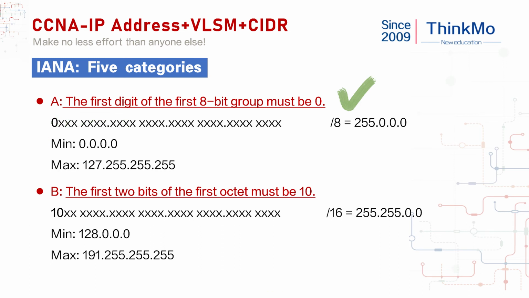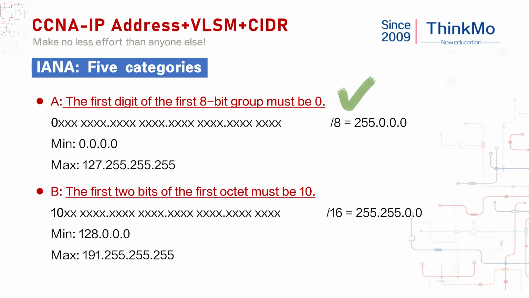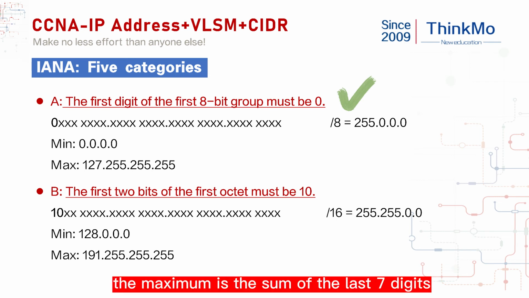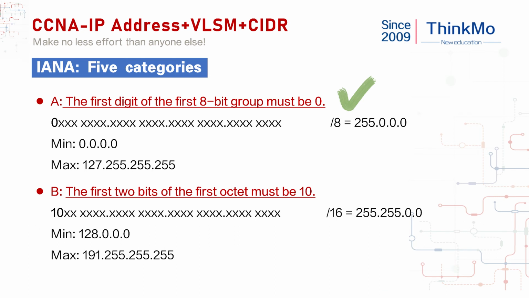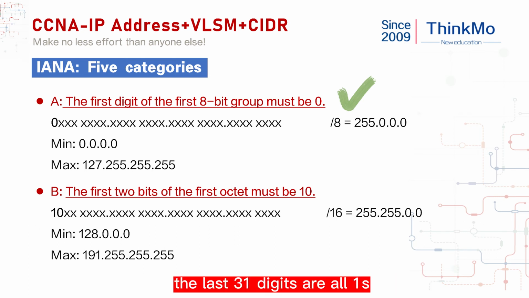Okay. The maximum is from 127. Everybody can count. Since all values are now 1, it is 255. That first one represents 128. In fact, the maximum is the sum of the last 7 digits. There is no restriction on the number of digits in the rear. The last 31 digits are all 1s.